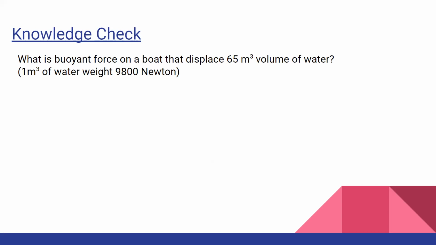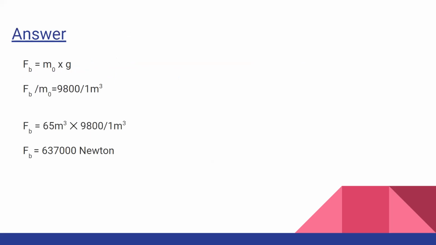So here we would use F_B, the buoyant force, which would be m_f g, and that's the same thing as ρ_f V g. So we know F_B over V is just 9,800. So you can plug in your volume, and we get this, 637,000 newtons.